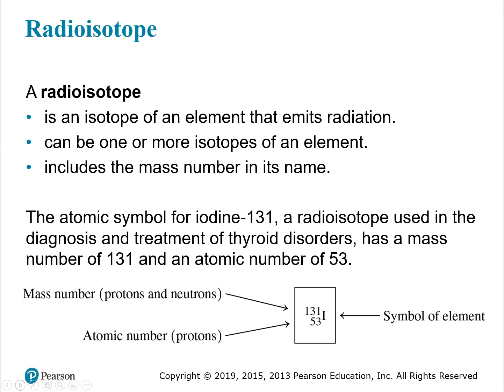The mass number is 131, and the atomic number is 53. What's shown below in this box is what's called atomic notation, where you have the symbol of the element, and then you've got the mass number on the top left, and the atomic number underneath.